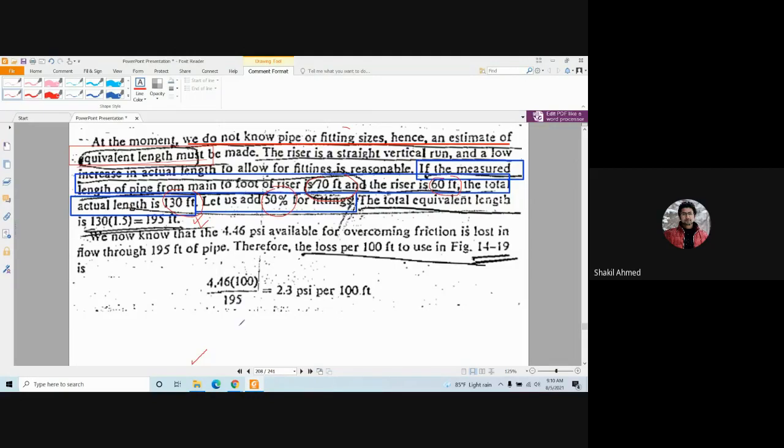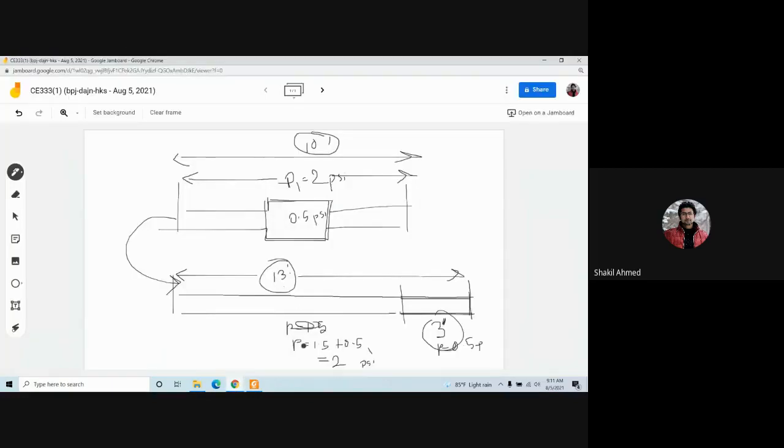You will add 50%, just the same way we have done it here. We increase the length a little bit so that we can accommodate the frictional loss in the fitting.